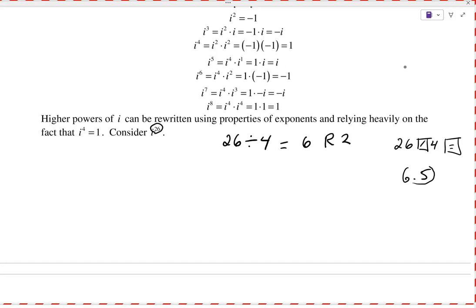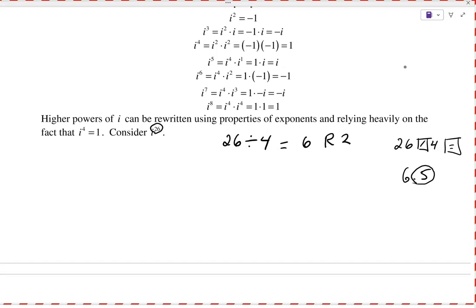The 0.5 is not equal to the remainder, it represents the remainder. Like Trey said, it says a half, right? 0.5 is the same thing as a half. But what did we divide by? We divided by 4. The 0.5 represents a remainder of 2, because 2 over 4 is a half.